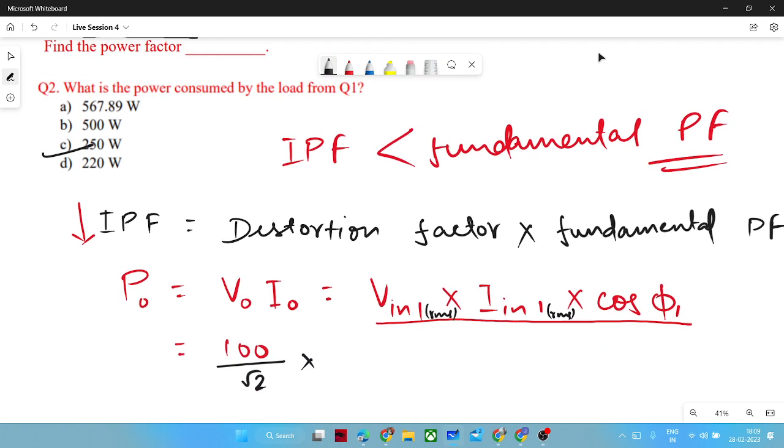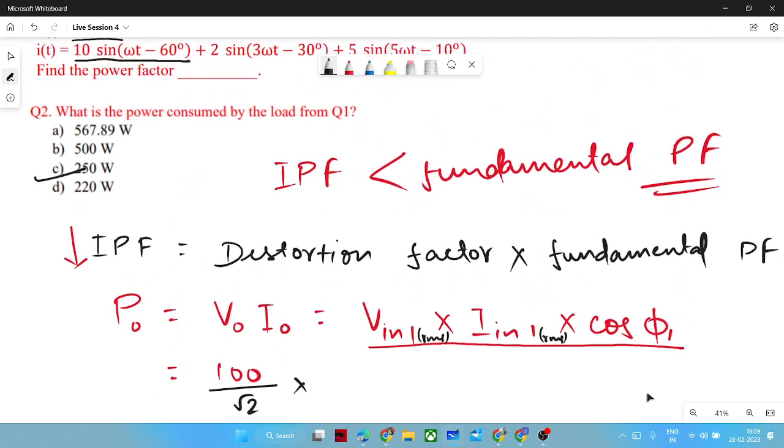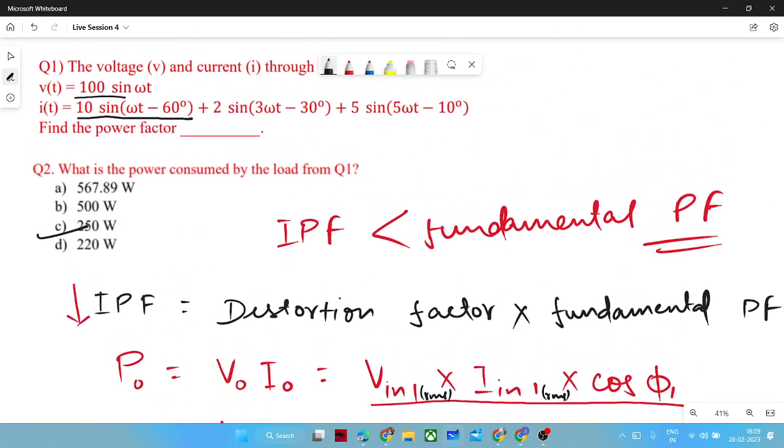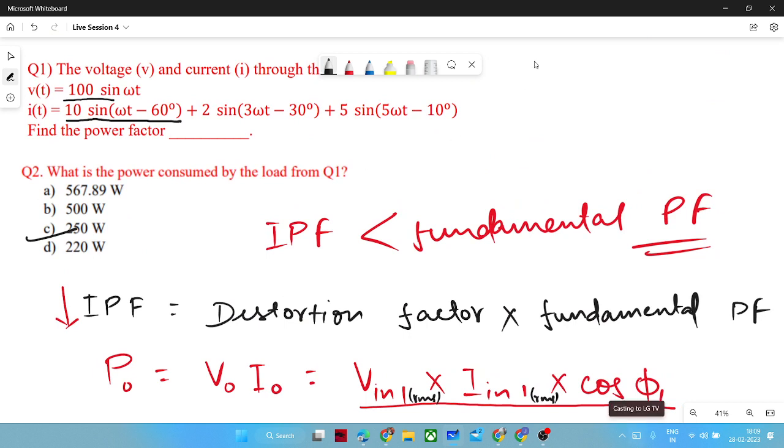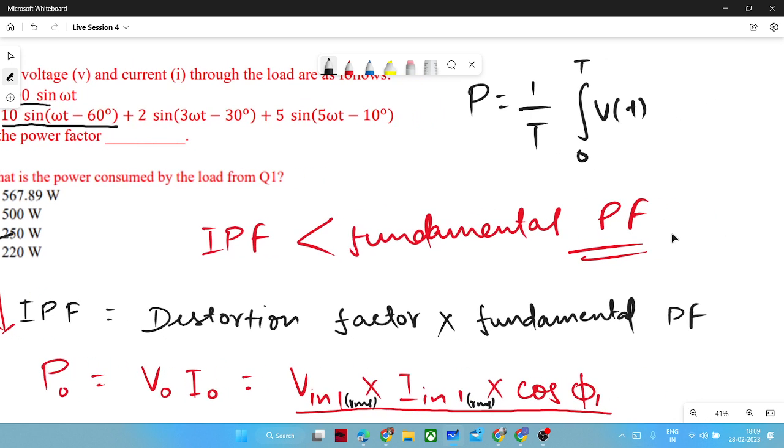Why? Because if you compute the power with consideration of all the components, let me write the general expression of power, that is 1 by time period, from 0 to T, v(t) i(t) dt.